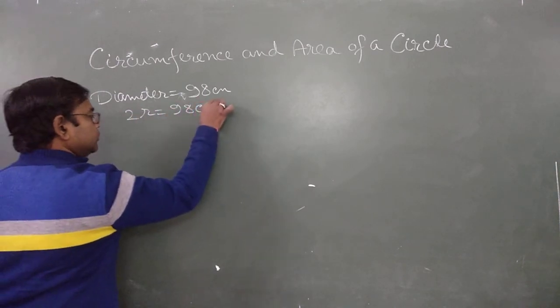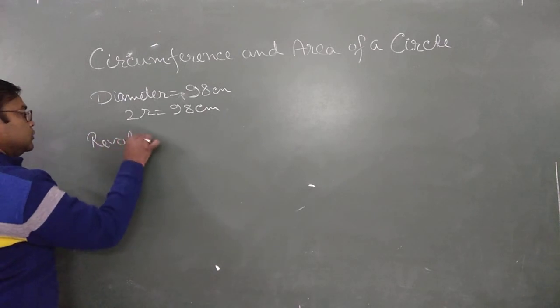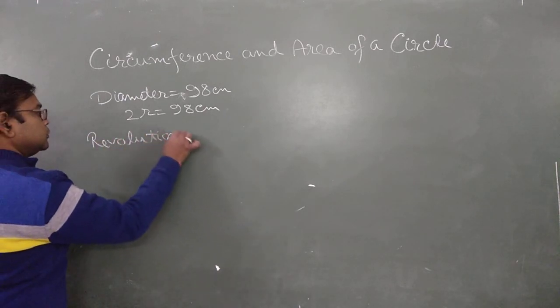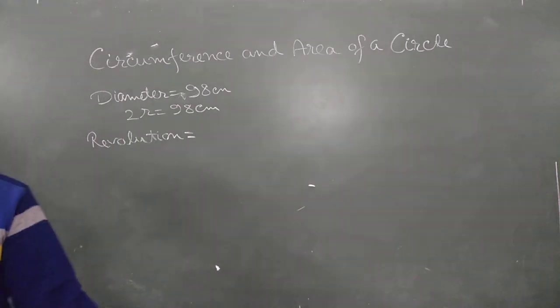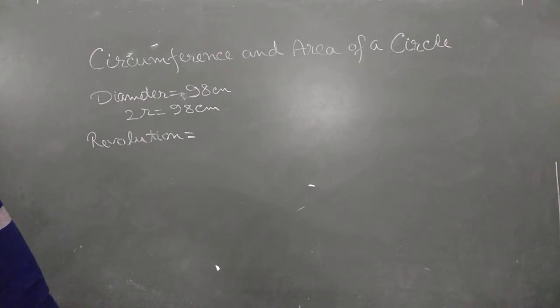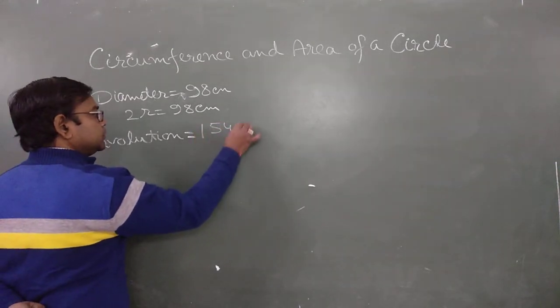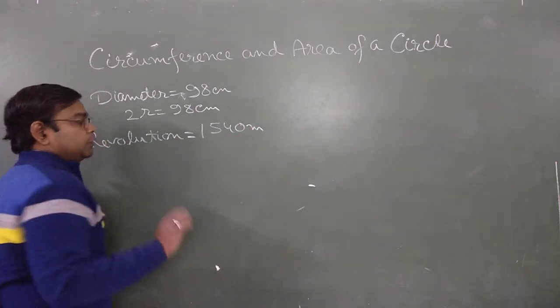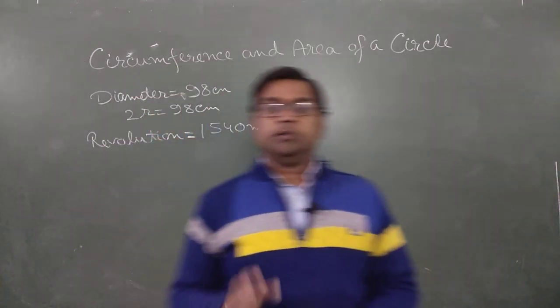I am not going to solve this one. And revolutions, the distance equals 1540 meter. Now you have to pay simple attention. First, let me clear the concept. Here the diameter is given to us.